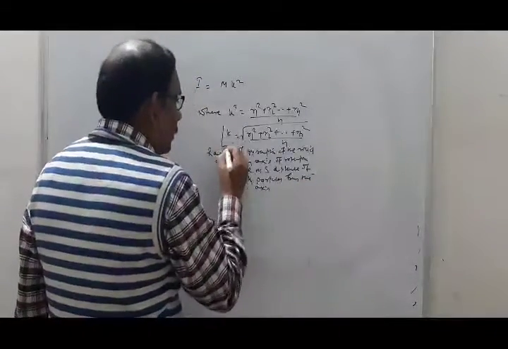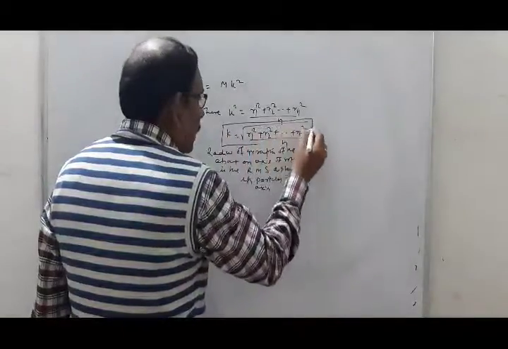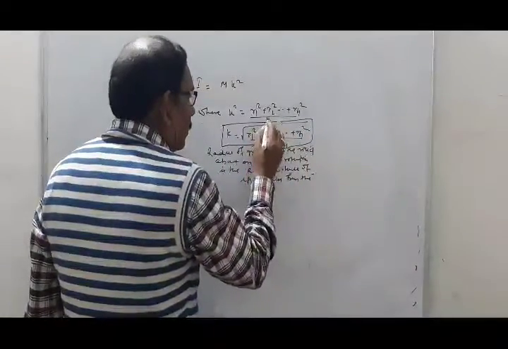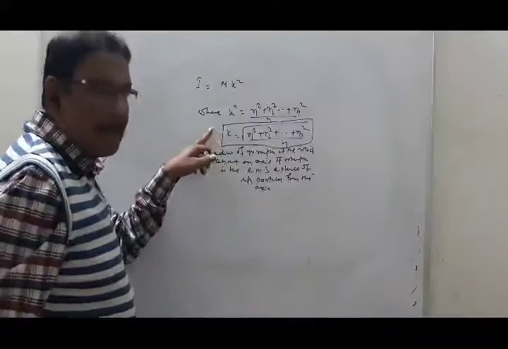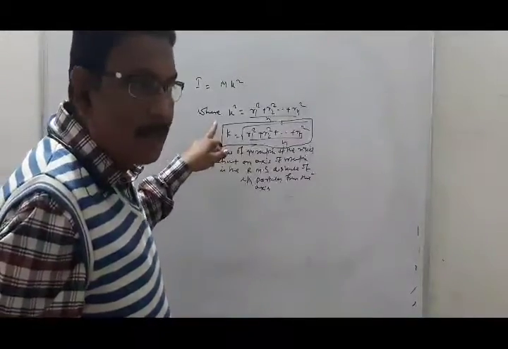So this is all about the radius of gyration. The unit of k is simply measured in meter and centimeter. The dimension is L.